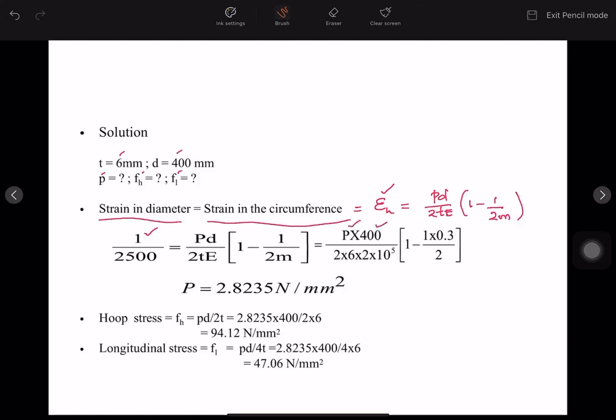D already we have, 400, divided by 2 into T, which is 6, into E, which is 2 into 10 power 5, into 1 minus 1 by 2 into mu, that is 0.3. After substituting all these values, we get P as 2.8235 Newton per mm square. So this is our internal pressure in the cylinder.